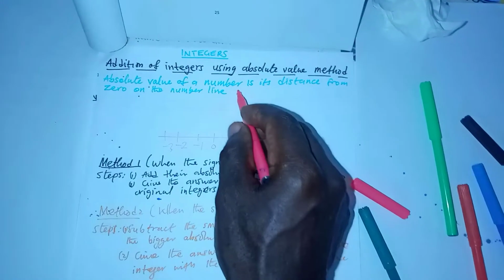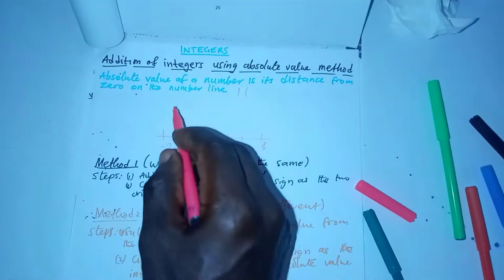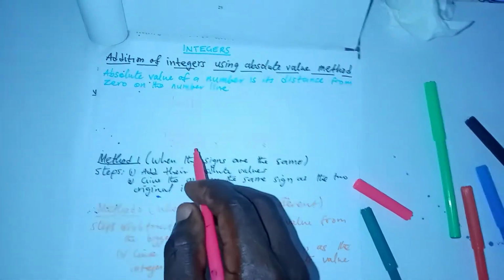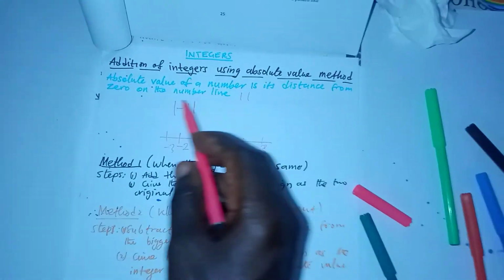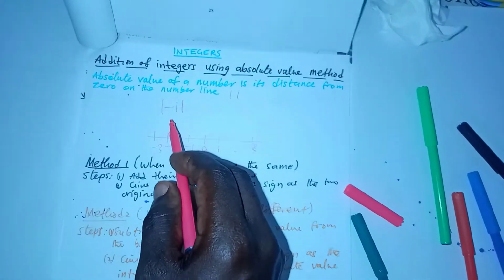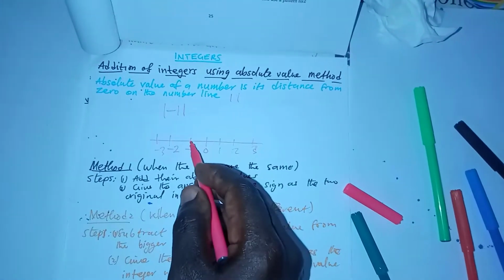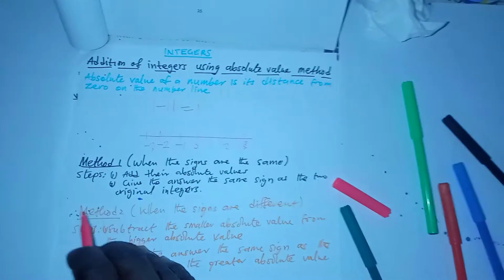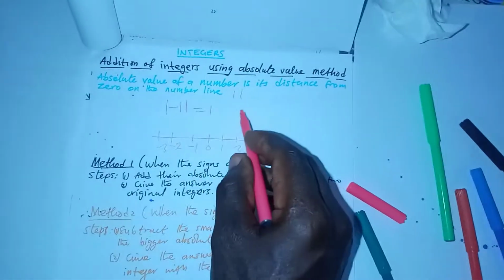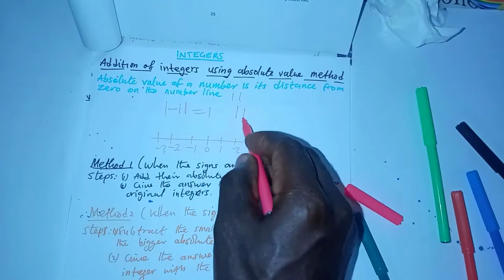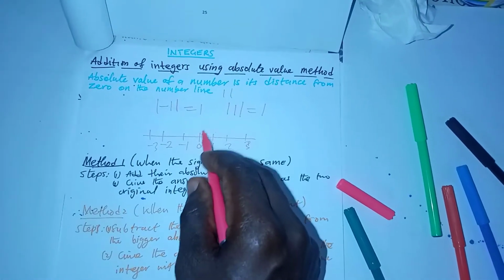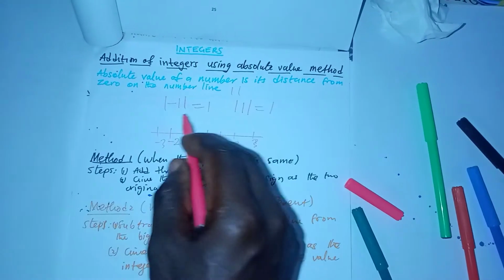So if I'm asked to find, the symbol for absolute value is two bars. So let's say I have the absolute value of -1. We are saying that is the distance of the number from 0. So from 0 to -1, the distance is what? 1. We are not taking into consideration the sign. Likewise, the absolute value of 1 itself is also what? 1. The distance from 0 to 1 is 1.